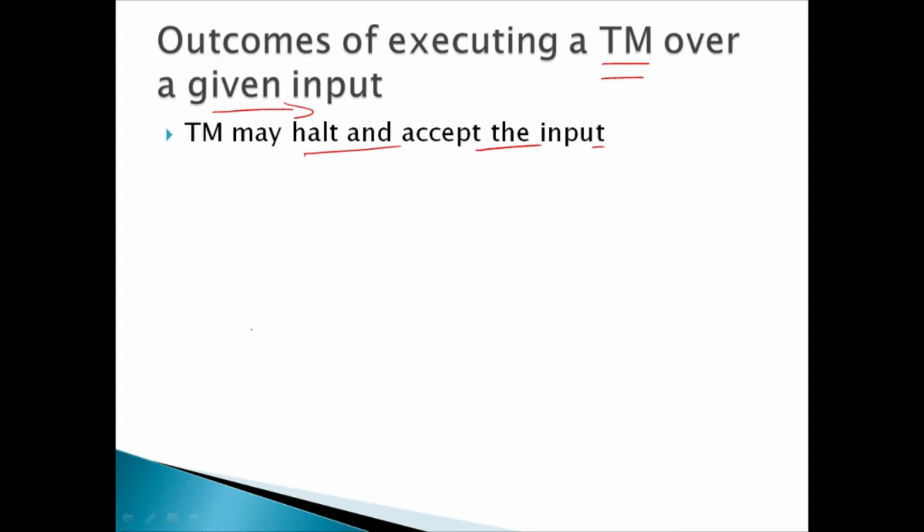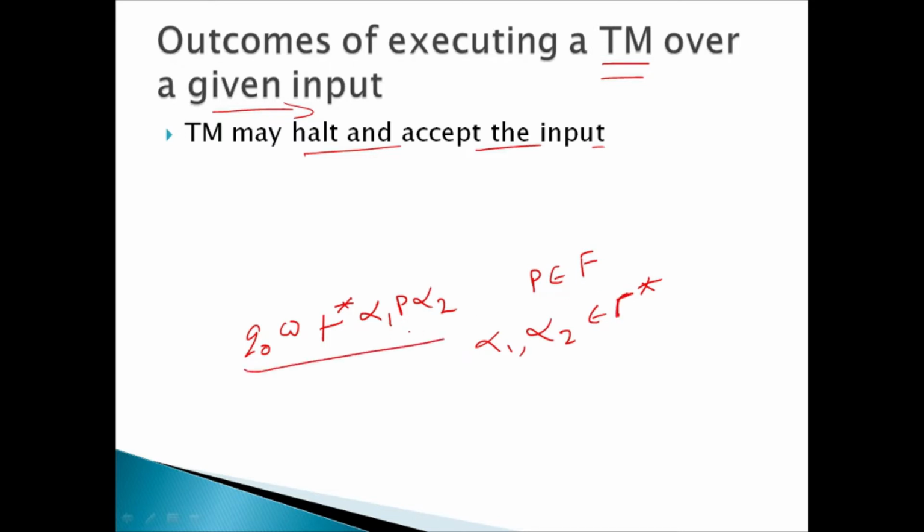If you remember the configuration, if we are moving from the initial configuration to some configuration where P belongs to the final states and alpha 1 and alpha 2 belong to the star closure of tape symbols, then we are going to say that the Turing machine is accepting the input provided it halts.